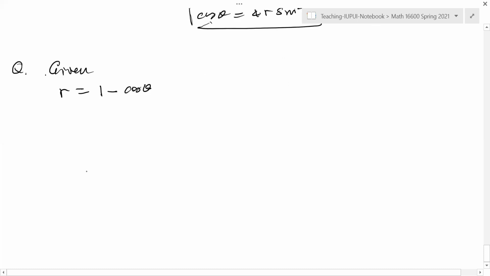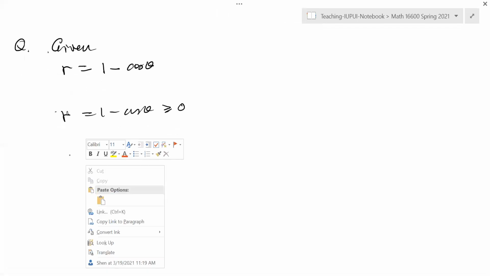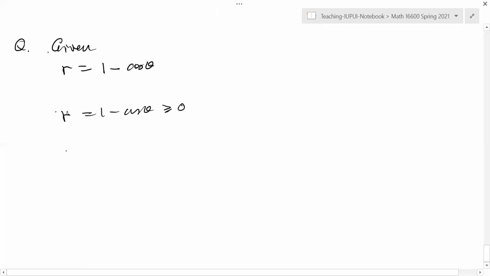It's harder to get the equation in XY. You can try it, right? So, what is r? You're assuming r is positive, right? Look at this equation. I think this is always positive, so you can multiply by r on both sides.